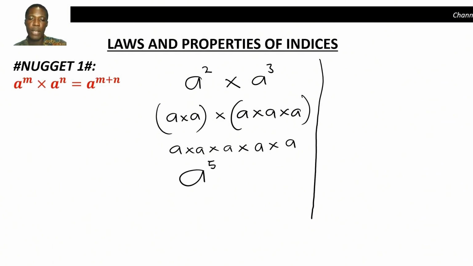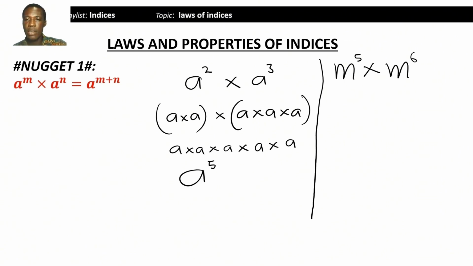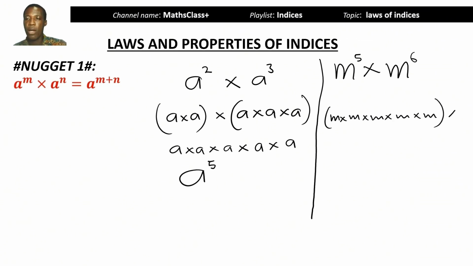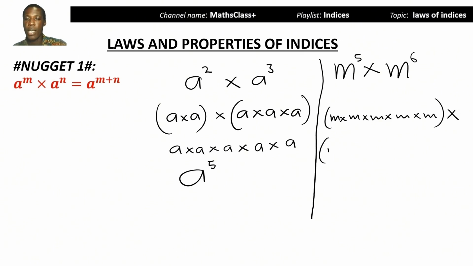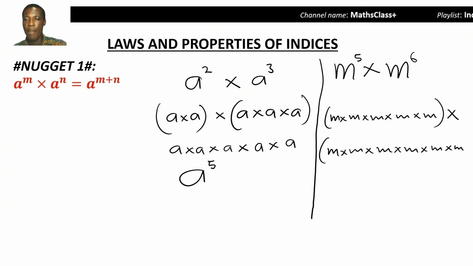Let's take another one. If I have m to the power 5 and then I multiply by m to the power 6, what that means is that I'm going to multiply m by m by m by m by another m, and then all this, multiplying m by m by m by m by m by another m.